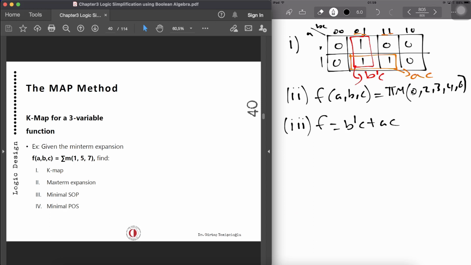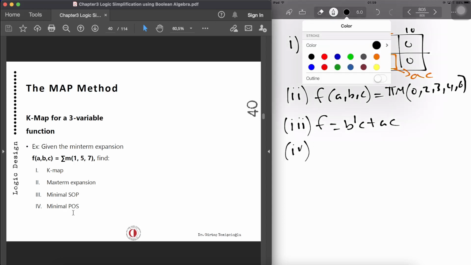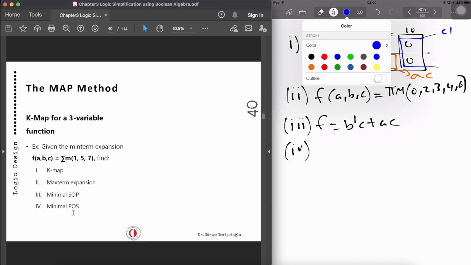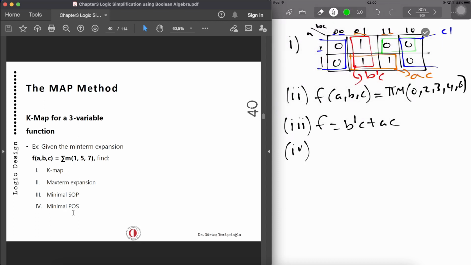How about zeros? Because it's asking for minimal product of sum, then I have to combine zeros on both sides. Now A is changing, B is changing, we just have C prime. So this is C prime. And I have one more, which is this one.